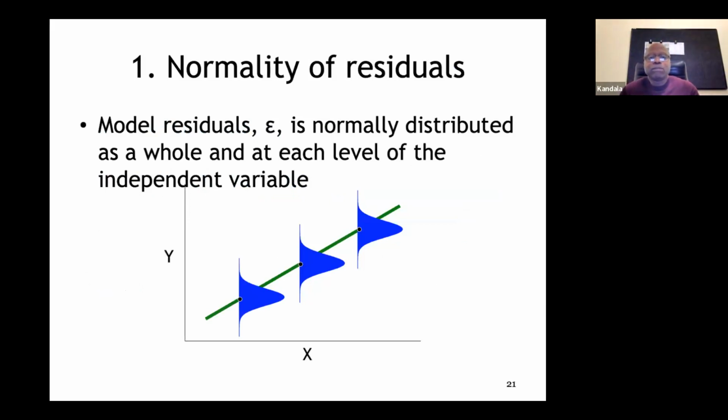So in terms of the normality of residuals, the model residual we saw there, epsilon, is normally distributed at each level of the independent variable. We can see here the Gauss bell shape, so it is linear and the error is normally distributed.